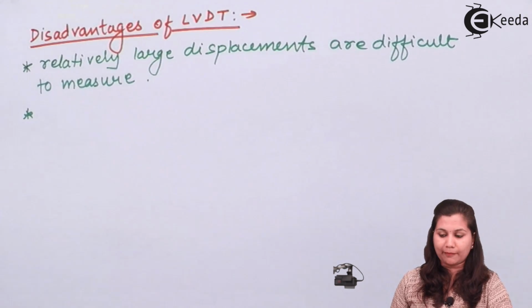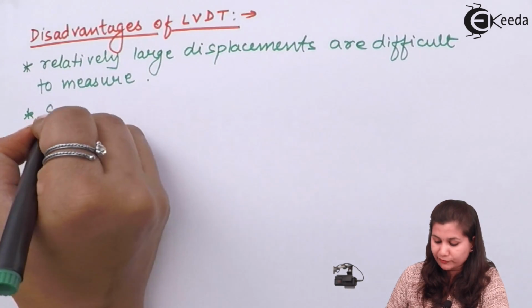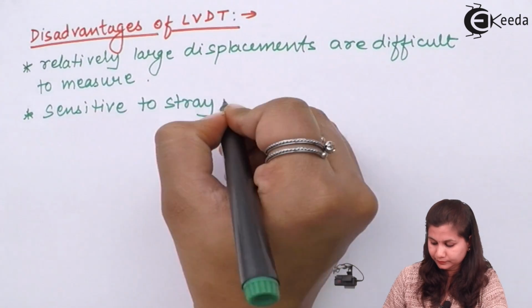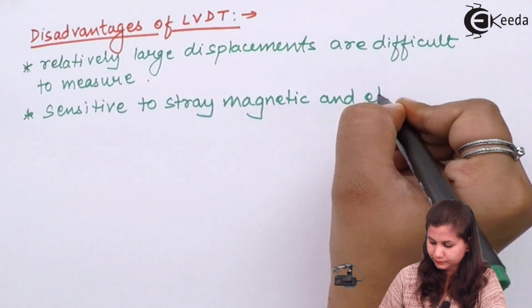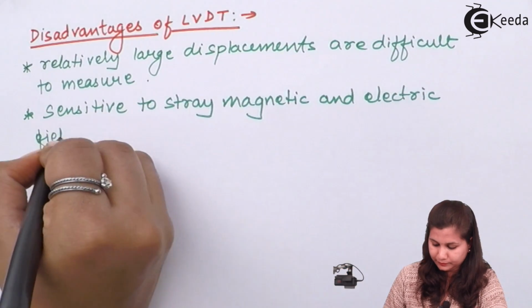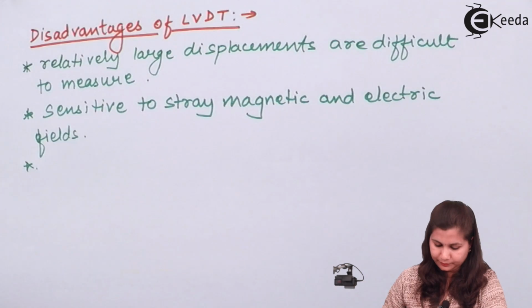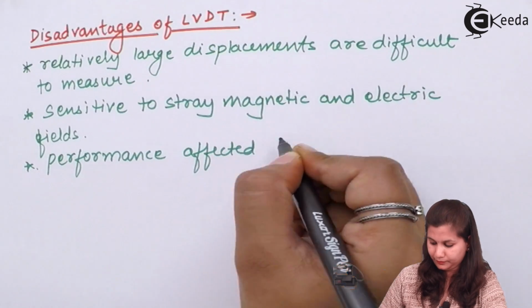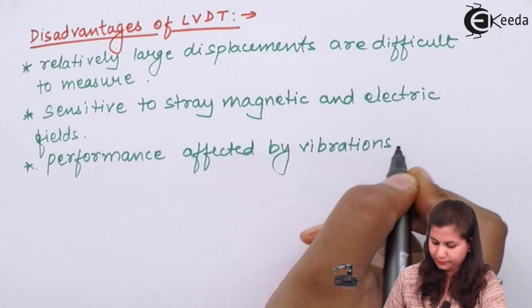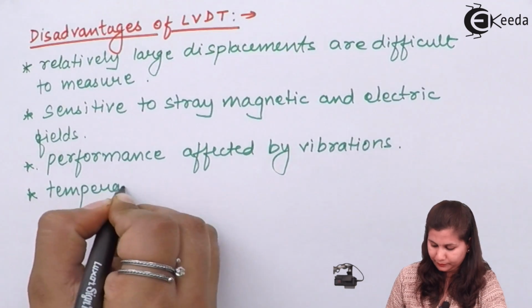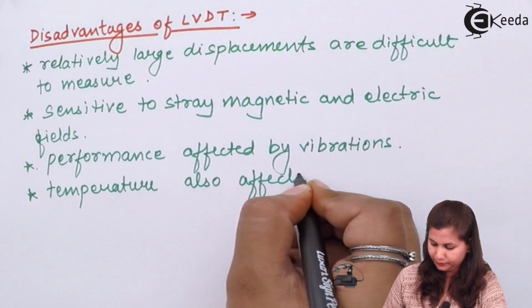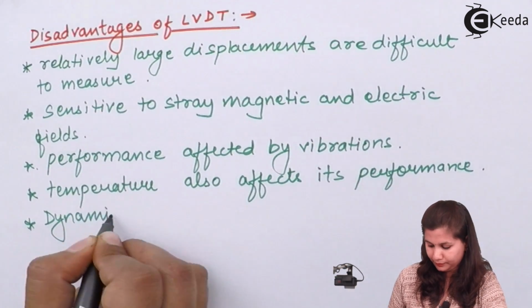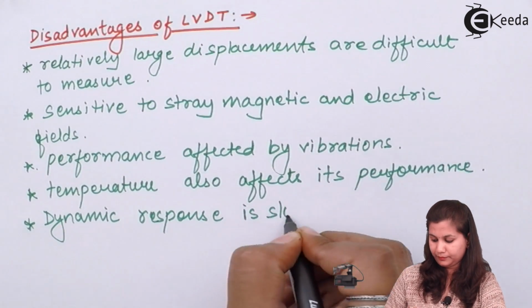But this is a disadvantage of the LVDT, that it is very sensitive to stray magnetic and electric fields.